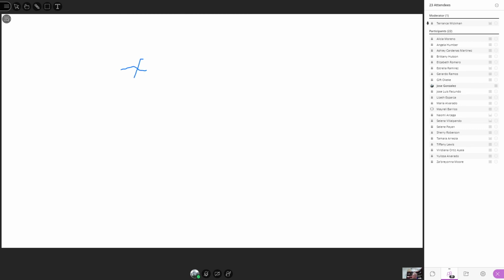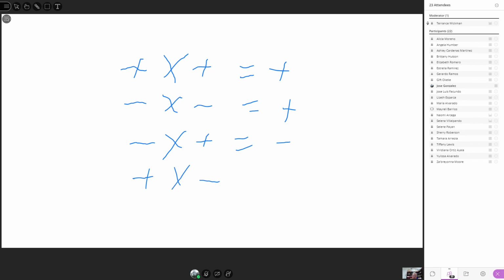A positive times a positive equals a positive. A negative times a negative equals a positive. Two opposite signs always equal a negative. And all these rules are true for division as well.